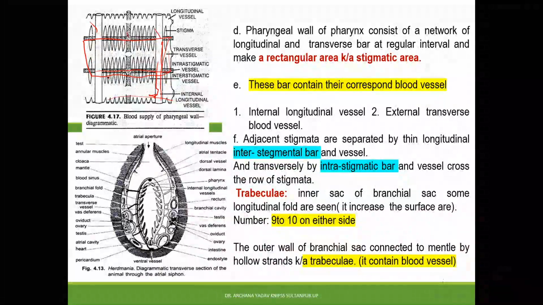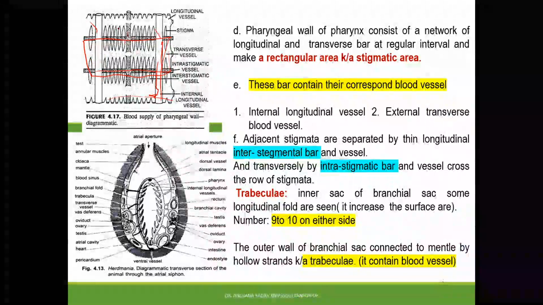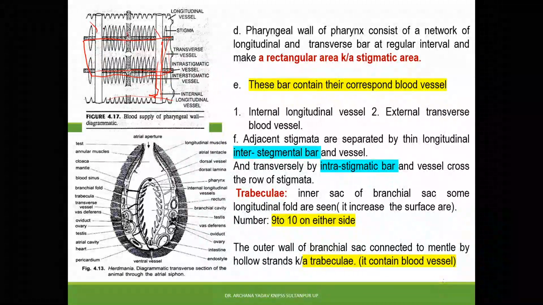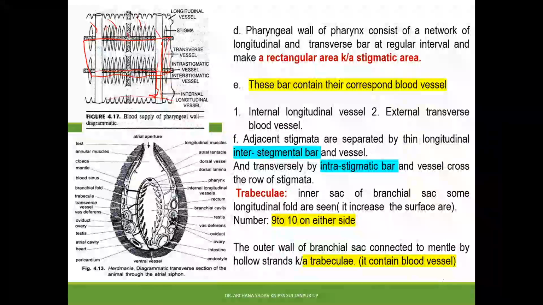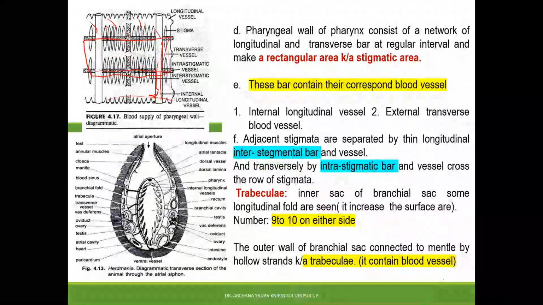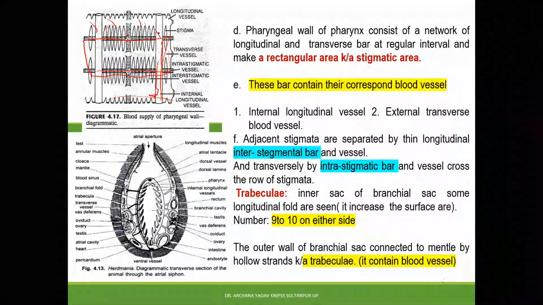So the adjacent stigmata are separated by the longitudinal interstigmatal bar, which means between two different stigmata.